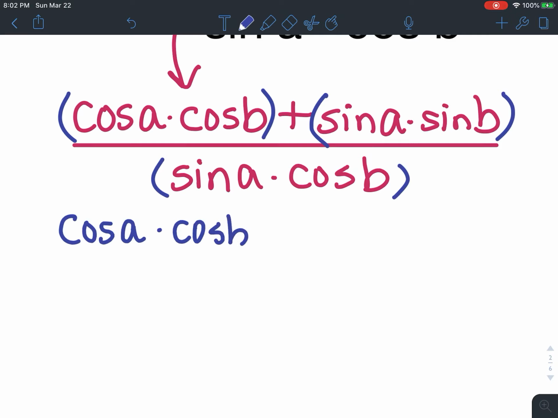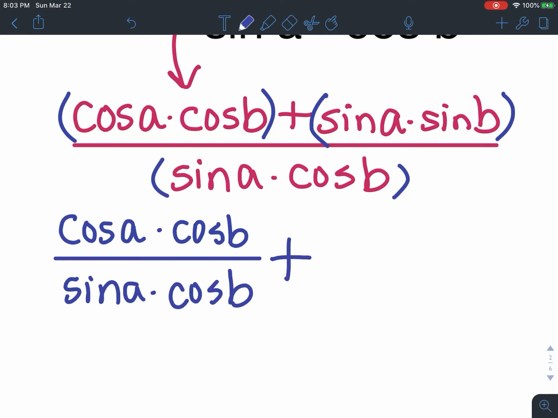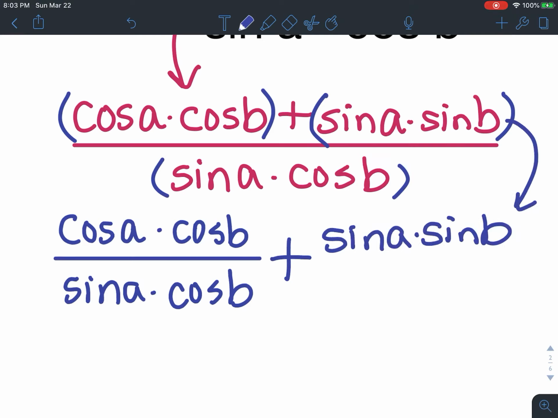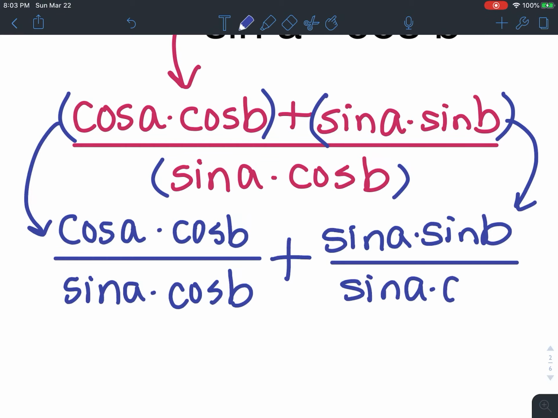So that's cosine A times cosine B over sine A times cosine B plus sine A sine B, that's this one, over sine A cosine B.